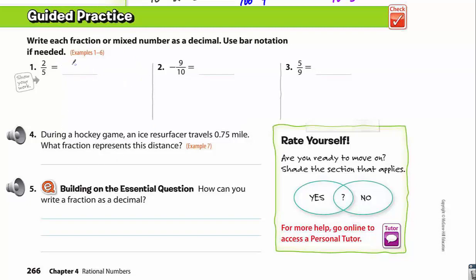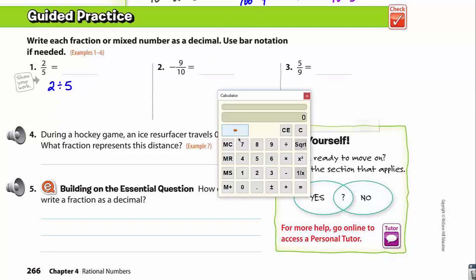So 2/5. We know that's going to be 2 divided by 5. So 2 divided by 5 is 0.4. So it will be 0.4. And that's terminating. Go ahead and write that here.